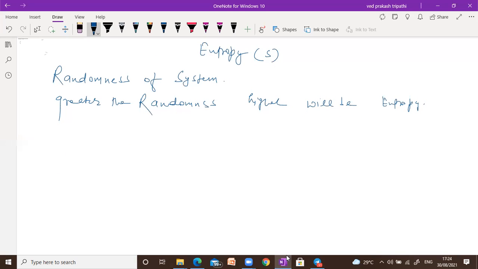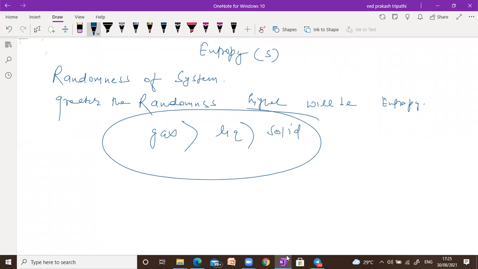You know that randomness is greater in the gaseous phase, then liquid, and then solid. So this is the entropy order. If you have the same phase, suppose A gas, B gas, and C gas, then what should be the order of entropy?